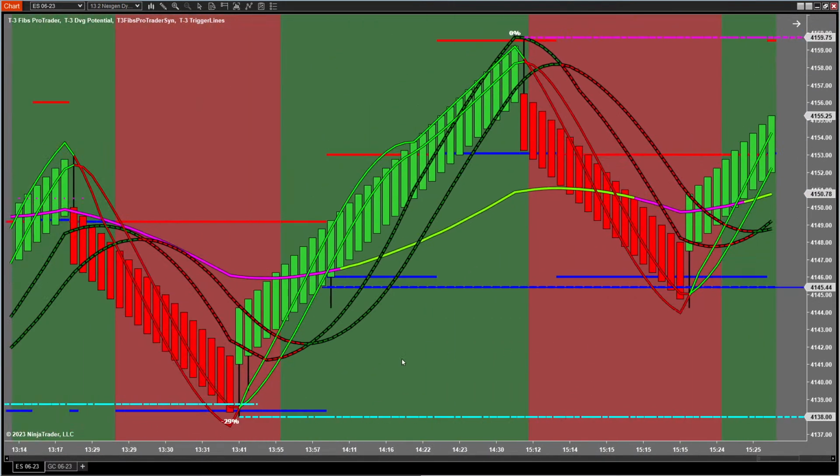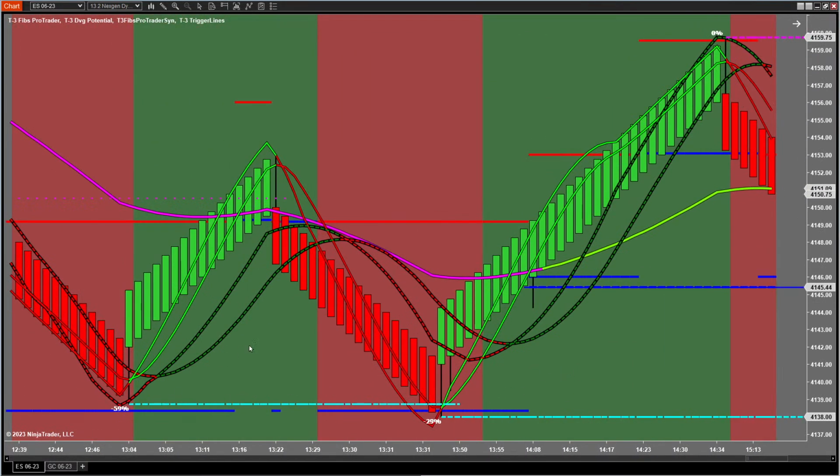And it's the same thing going up, right? If we run into a termination condition and then we have this trigger line configuration, the chances of us going up a lot more is exponentially increased because of what happened down here in the box.